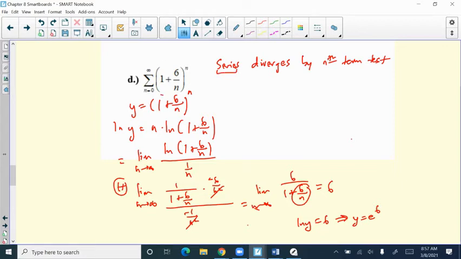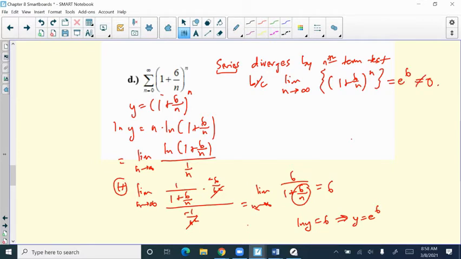The series diverges by the nth term test because the limit as n goes to infinity of the terms (1 plus 6 over n) to the n, I should probably put that in parentheses, equals e to the 6th, which is not 0.